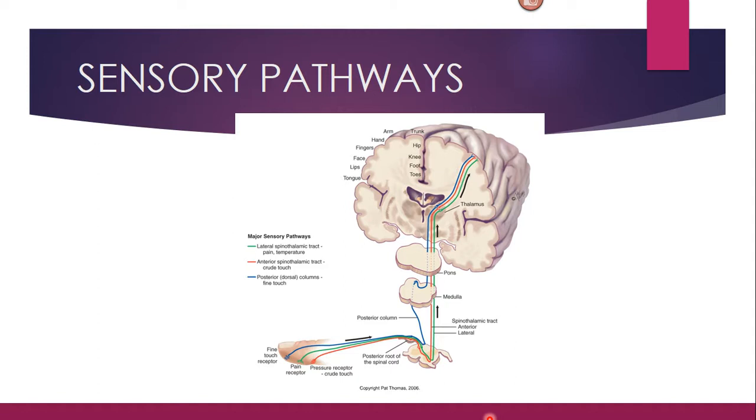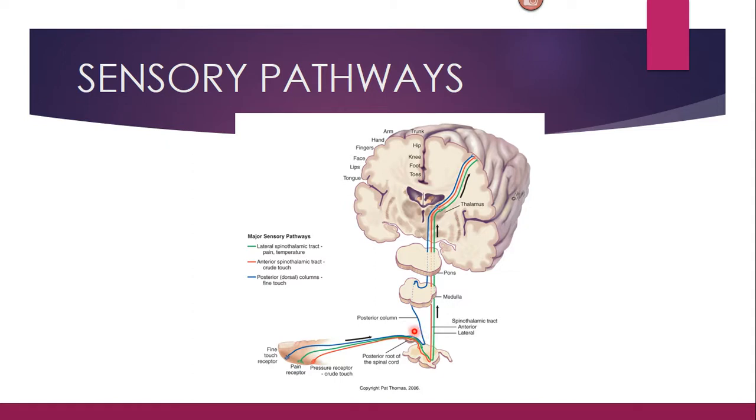You can see how it crosses through the thalamus and through our brainstem, pons, medulla. So it's actually starting down here. So this patient is touching something with a finger, and that impulse is being sent up the sensory pathway.